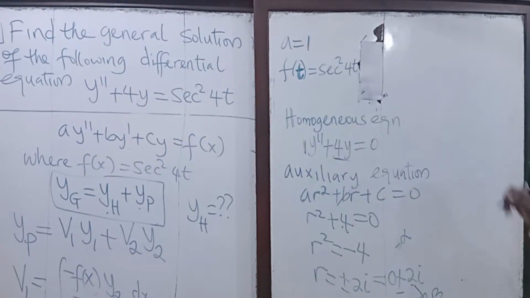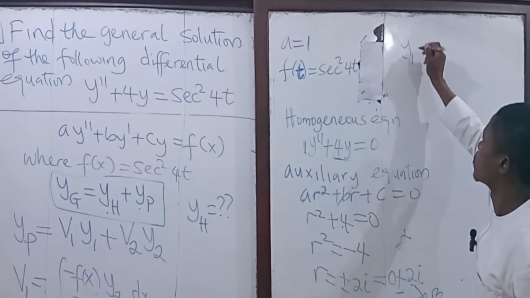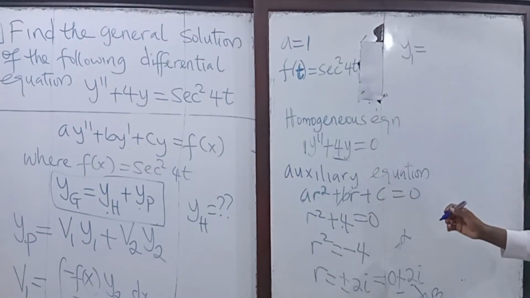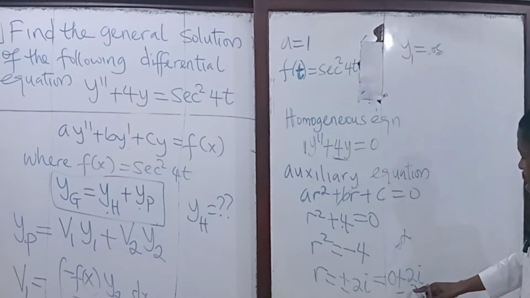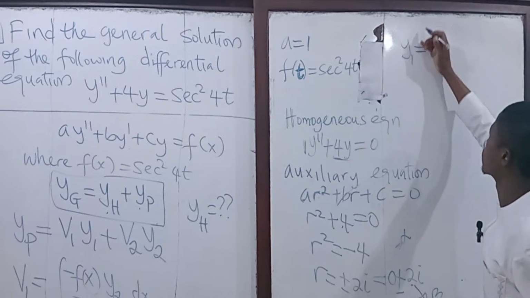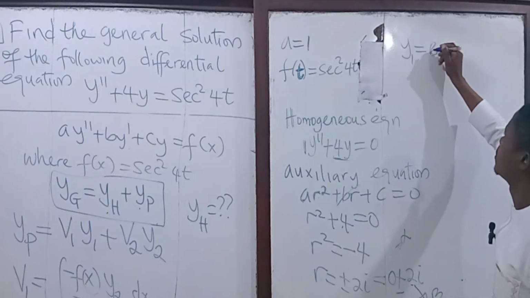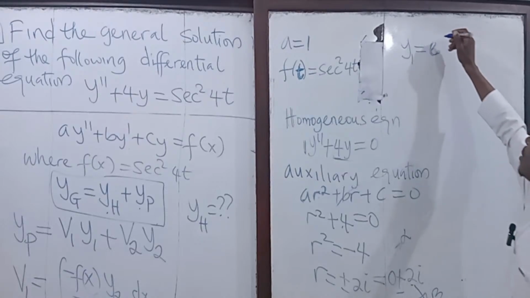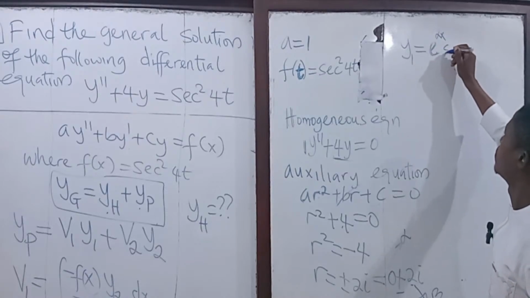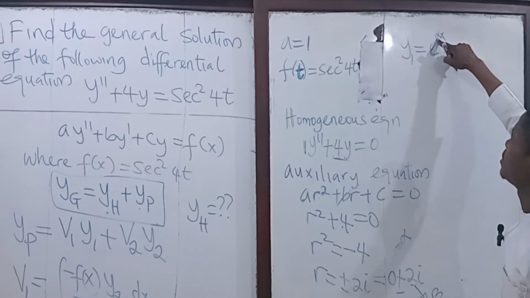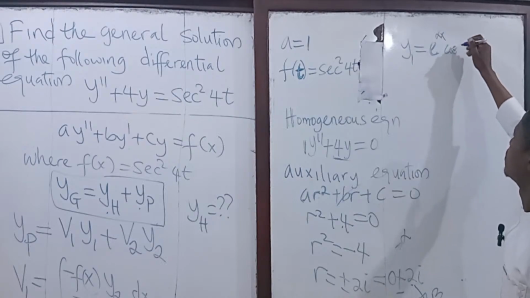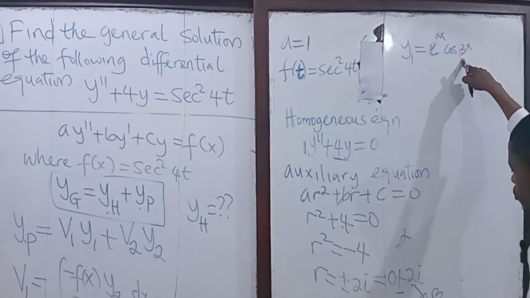With that, we can get y1. Since alpha is 0, this is the formula when you have a complex number. Alpha is 0 in this case and beta is 2.